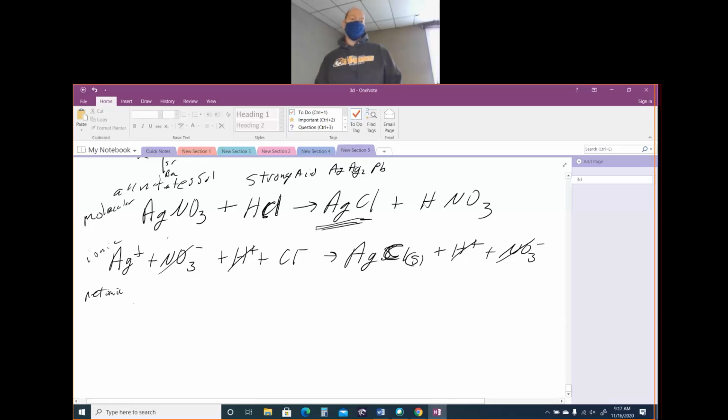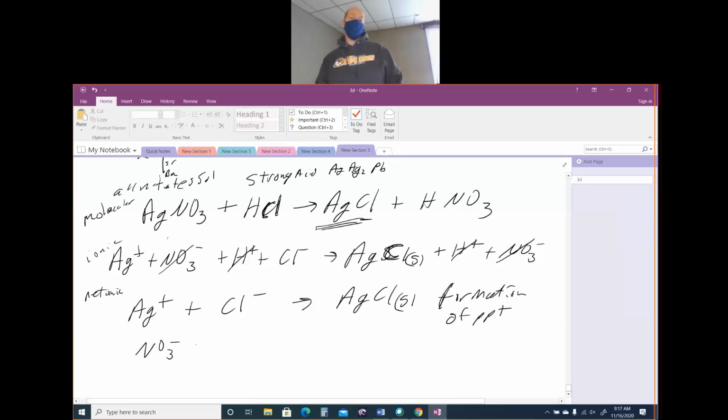We subtract one from both sides. And so you end up with Ag plus and Cl minus goes to AgCl solid. And when you make a solid, it's a formation of a precipitate. And then, of course, your NO3 minus and your H plus, these are spectator ions.